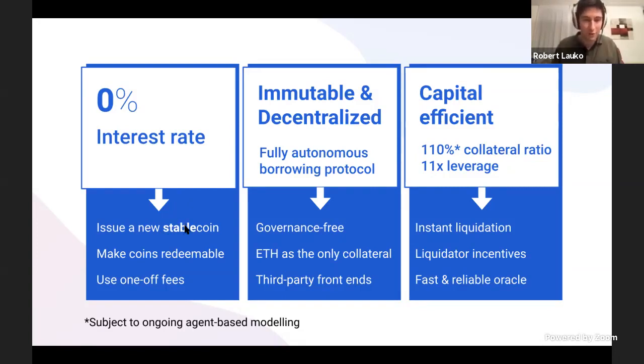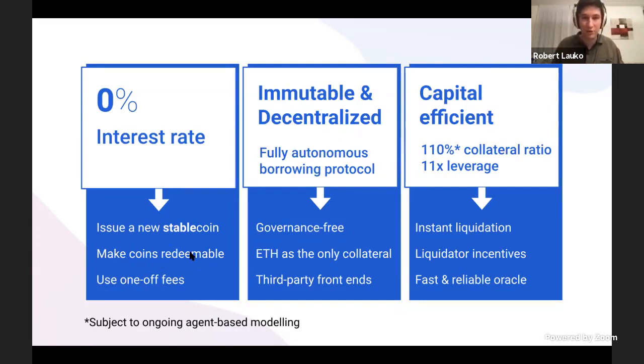Another aspect here is that interest rates are also important in some systems to keep the stablecoin really pegged to the US dollar or whatever underlying they have. We do this differently by making our stablecoin redeemable at face value.